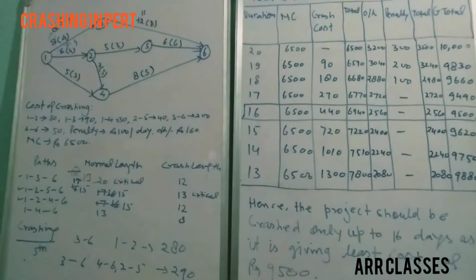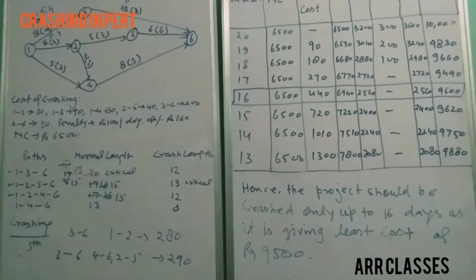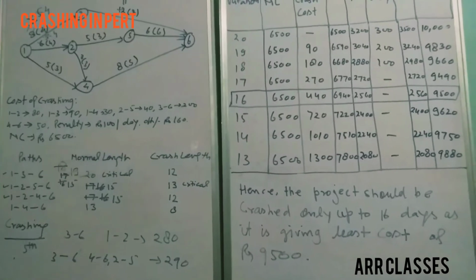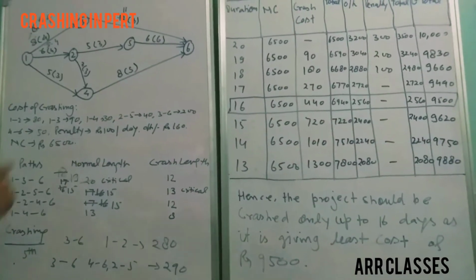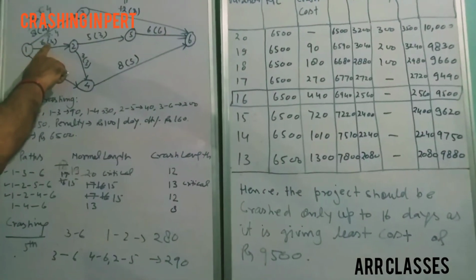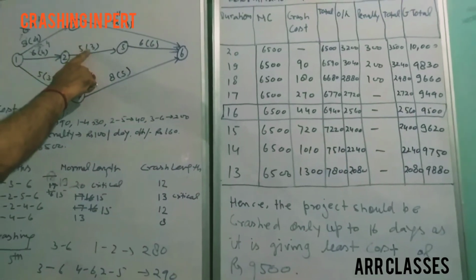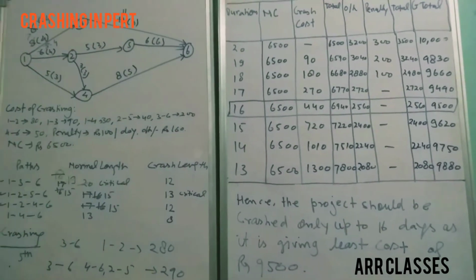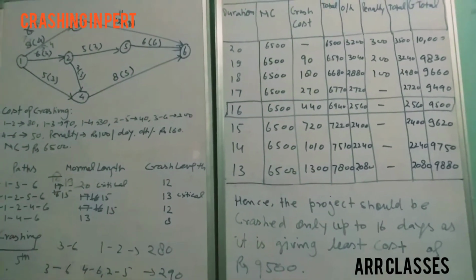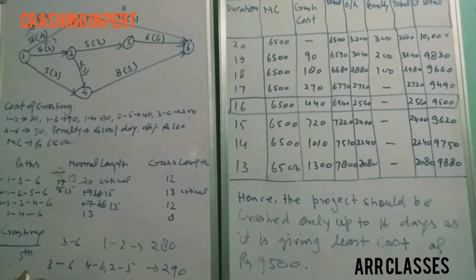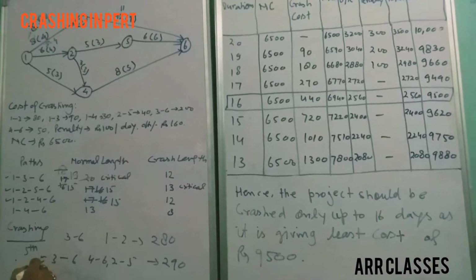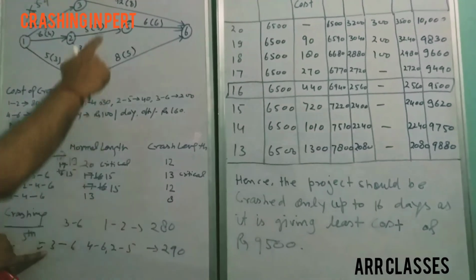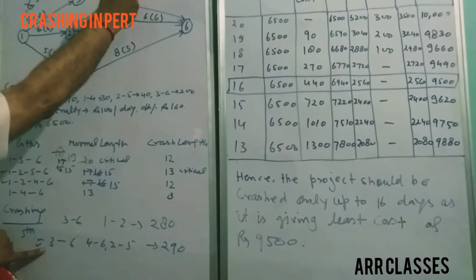Now further, the sixth crashing. At the sixth crashing, because this combination is completed, it cannot be crashed, only this one can be crashed. So the combination here is this one, 290. That means 3 to 6 we will crash. Further it becomes 10.